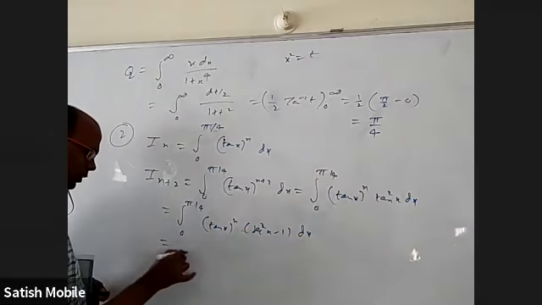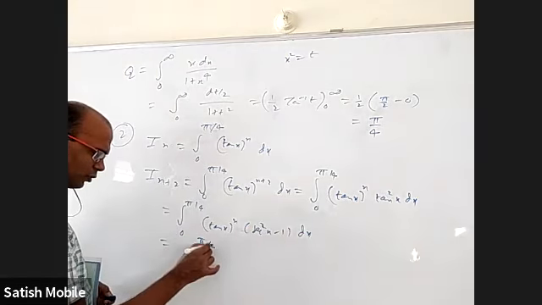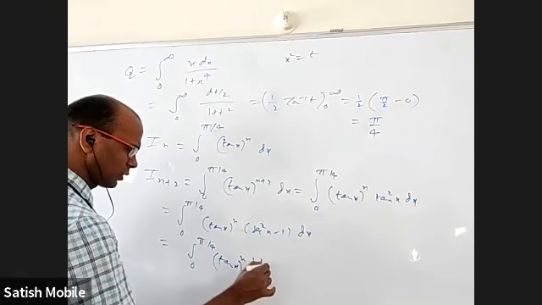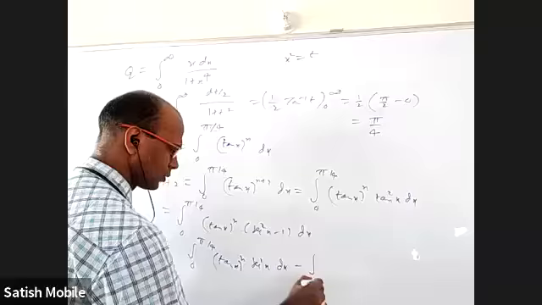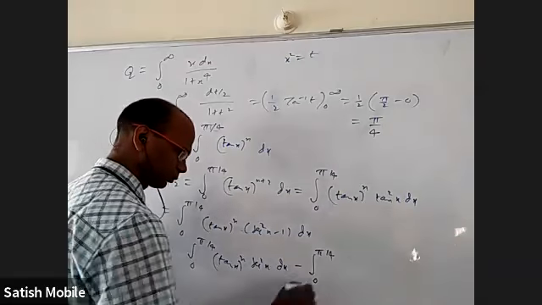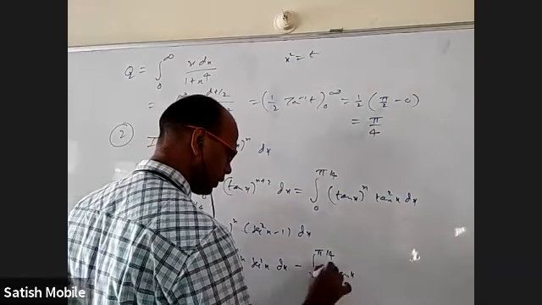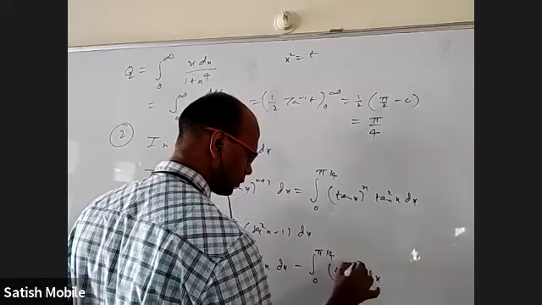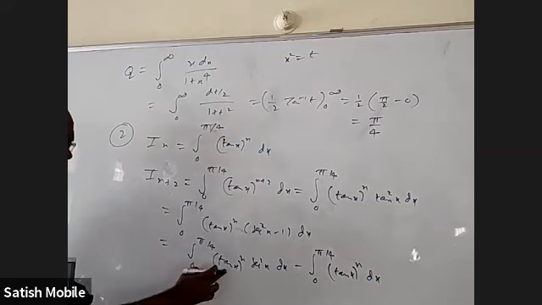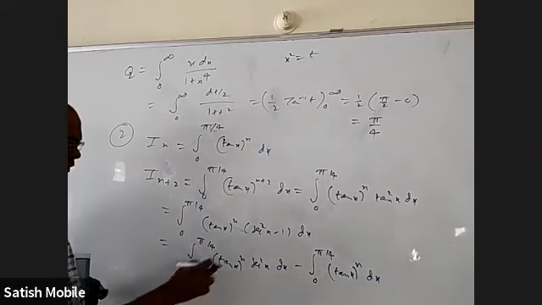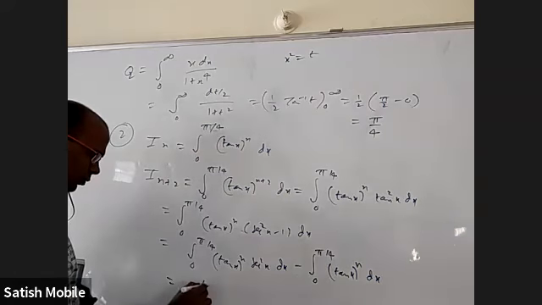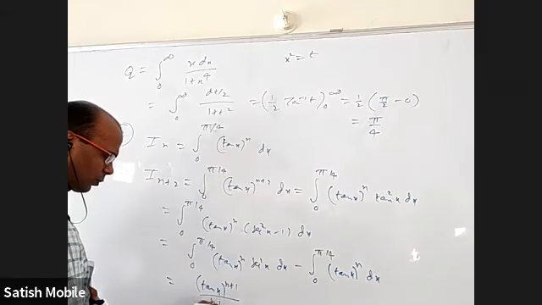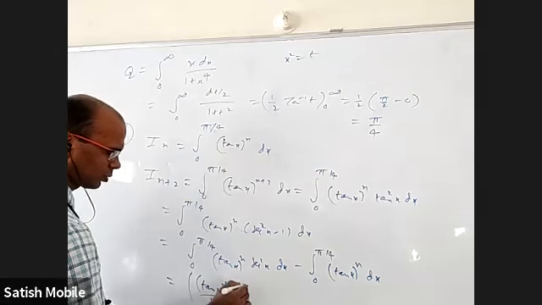Split this into two parts. 0 to pi by 4 tan x whole power n into secant square x dx, minus 0 to pi by 4 tan x whole power n dx. Okay, if I take tan x as t, this will be dt. Integral will be t power n plus 1 by n plus 1. So we will get tan x whole power n plus 1 by n plus 1 with limits 0 to pi by 4.